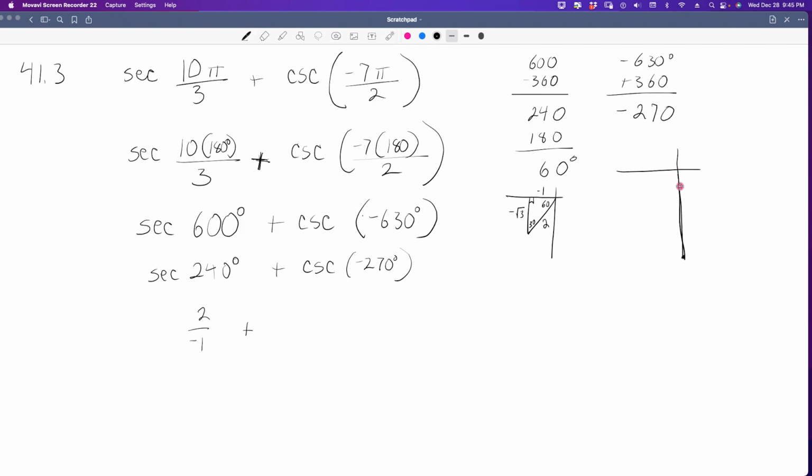All right, so the hypotenuse, when you have this 270, this is going to be a negative 1 because that is the number we give it.